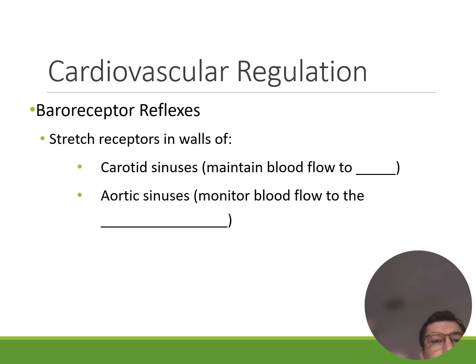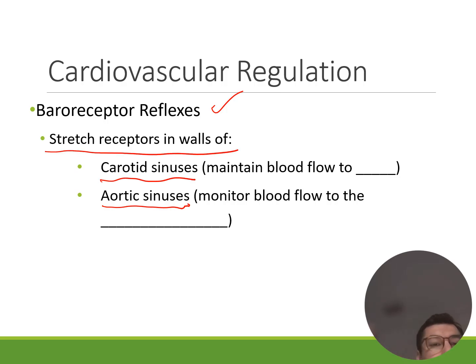Alright, so for baroreceptor reflexes, remember that we're talking about carotid sinuses and aortic sinuses. So these are monitoring changes in blood pressure. Whenever there is a stretch of that vessel wall, there will be activation of this type of receptor. So carotid sinuses maintain blood flow to the brain.